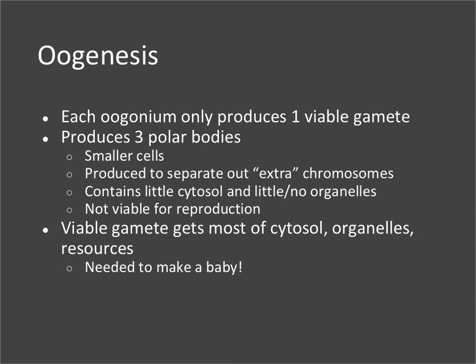So to summarize, during oogenesis, each oogonium, remember this is the stem cell in the ovary, only produces one viable gamete or one viable ovum.